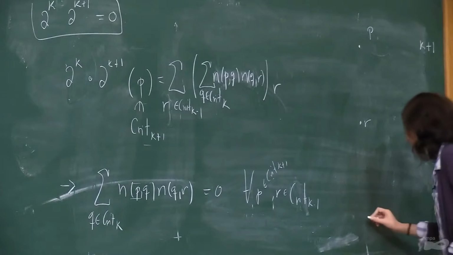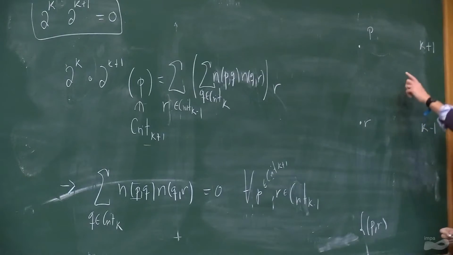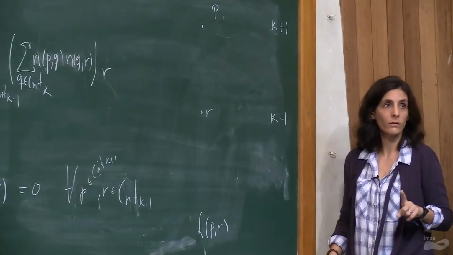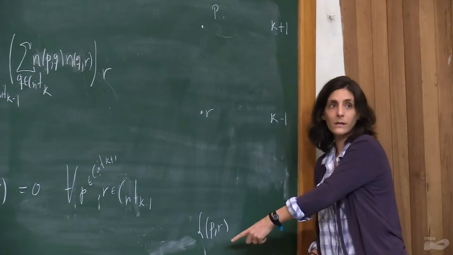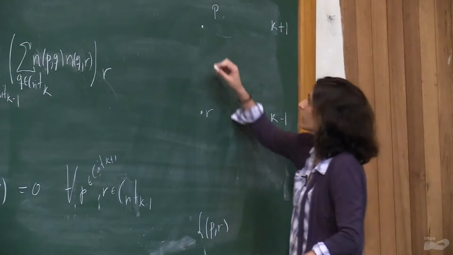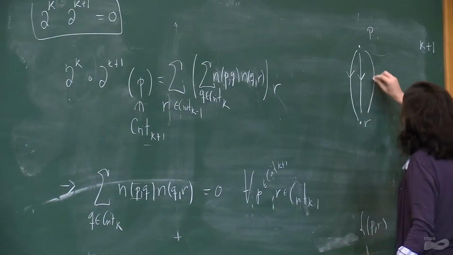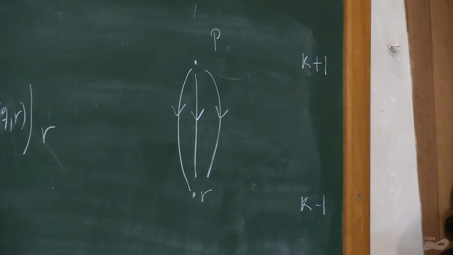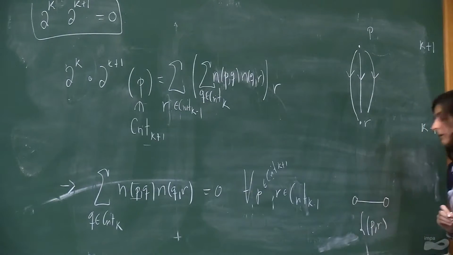And the space L_PR, so the difference between these two indices is 2. So this manifold has dimension 1. And this manifold is the space of trajectories connecting P to R. It's a one-dimensional open manifold. In this case, let me sketch it here as an open interval like this.